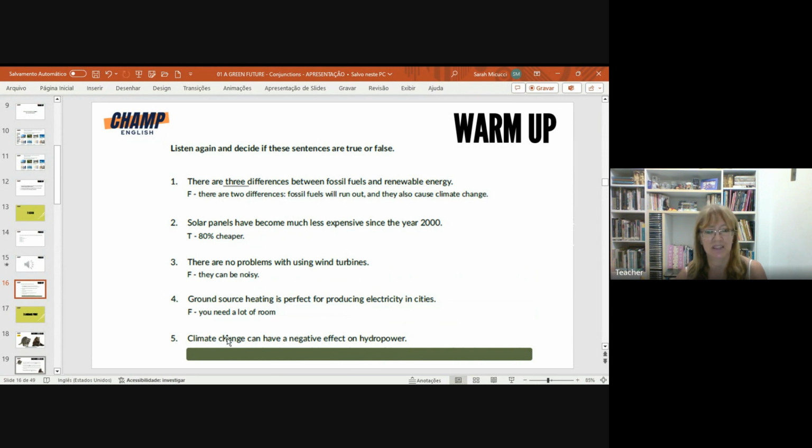A lot of land. And the last one, number five, climate change can have a negative effect on hydropower. Yes, that's true. If it stops raining, then there won't be enough water in lakes or rivers to make hydropower work. Okay?